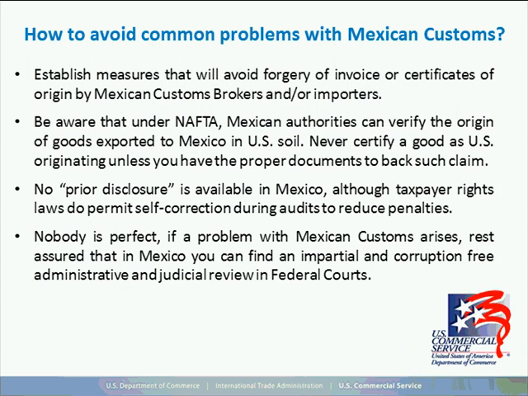Also, and I've seen a lot of this, establish measures that will avoid forgery of invoices and certificates of origin by Mexican customs brokers or importers. Know who your buyers are. Know their Mexican customs brokers.